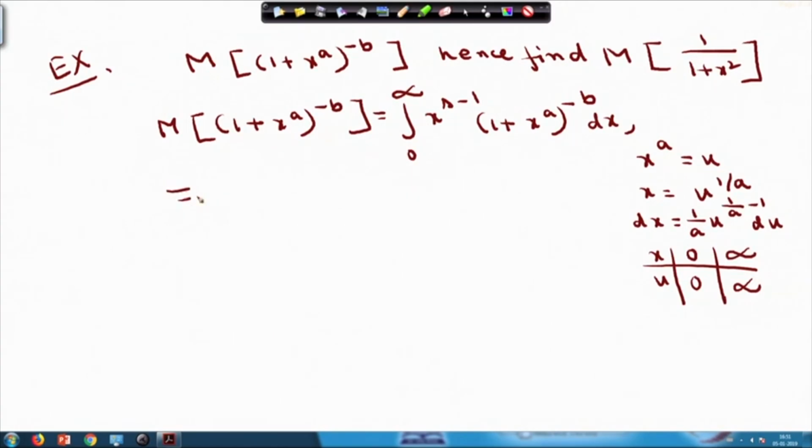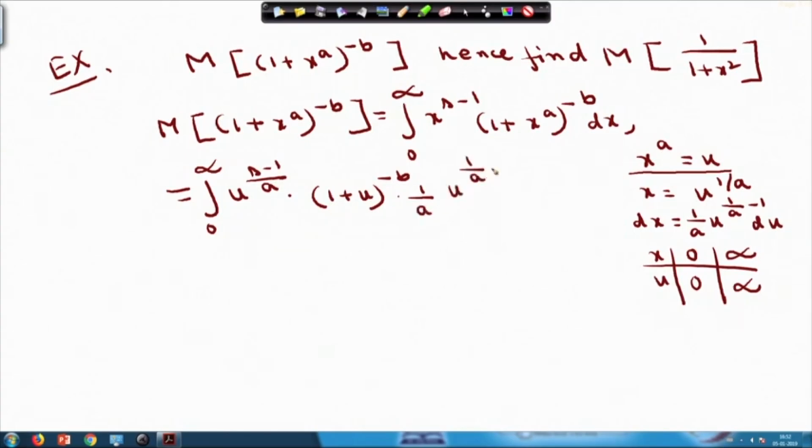If I substitute x to the power a equals u, I will obtain the integral from 0 to infinity of x to the power s minus 1, that is u to the power (s minus 1) by a, into (1 plus u) to the power minus b, with x to the power a as u, and dx replaced by 1 by a u to the power 1 by a minus 1 into du.